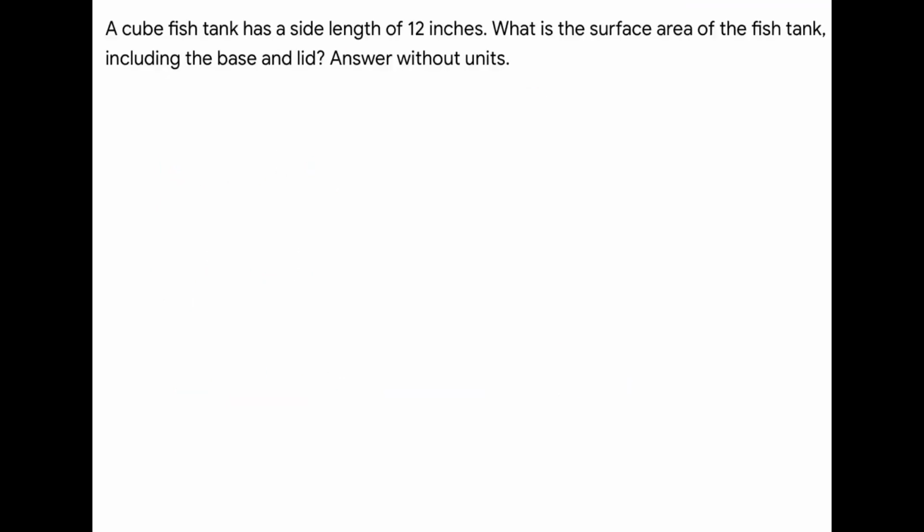A cube, right there's a huge keyword, fish tank has a side length of 12 inches. What is the surface area of the fish tank, including the base and lid? Answer without units. First of all, this is how a cube would kind of look. It's all the same length.